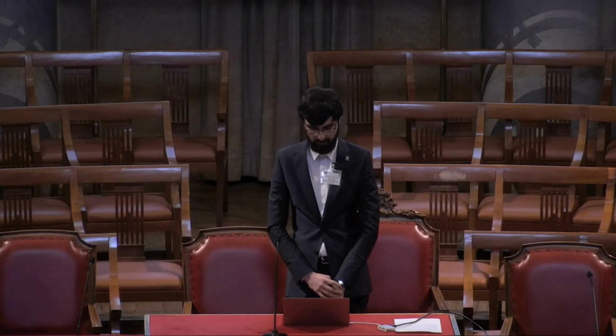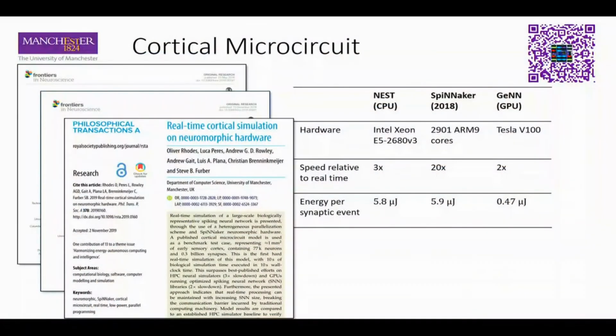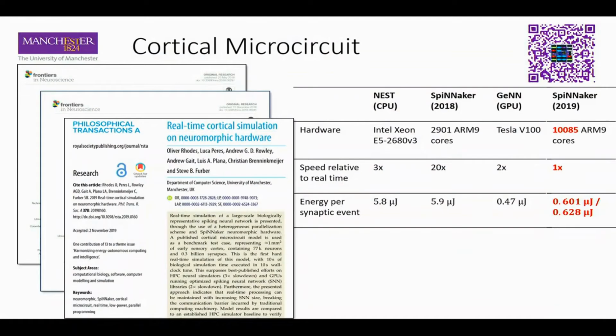But after a year and some redesign and rethink of the software, we were able to do it in real time while also reducing the energy efficiency of the computation by an order of magnitude, so actually beating Nest, and the GPU, but not in energy efficiency though, at the cost of simply using more cores. But as I noted earlier, we have 1 million of these, so it's not a huge problem. It was barely felt for the big machine. This was about a 12-board job, and we have 600 of them.